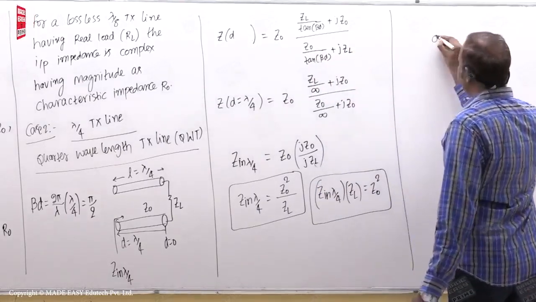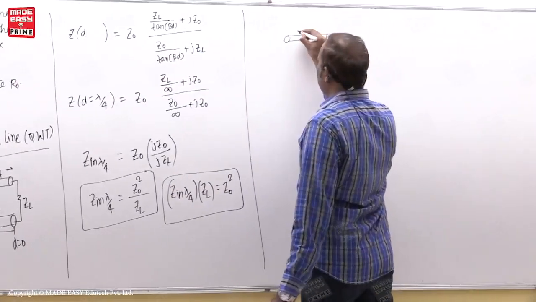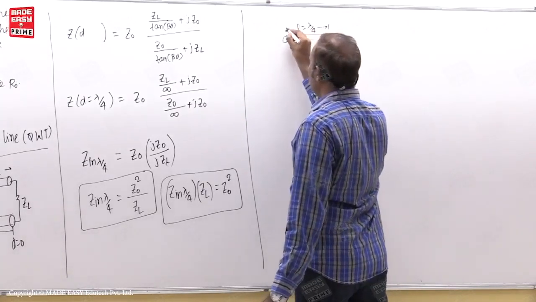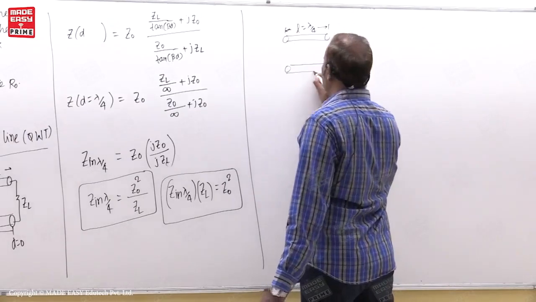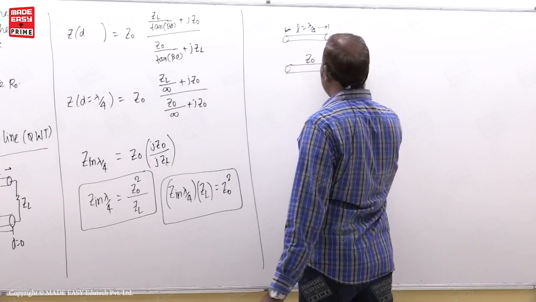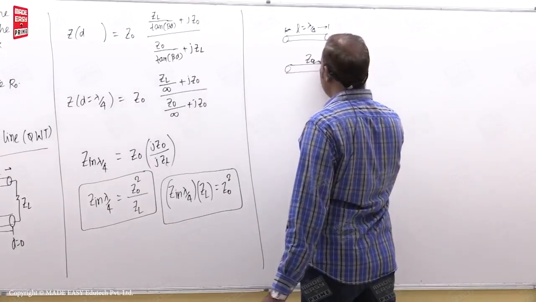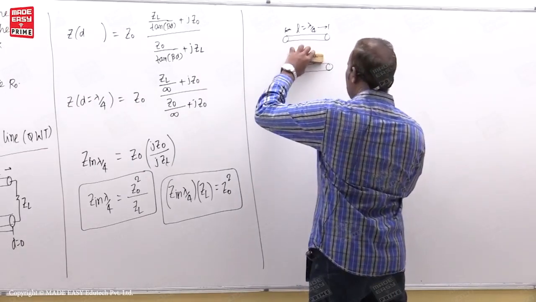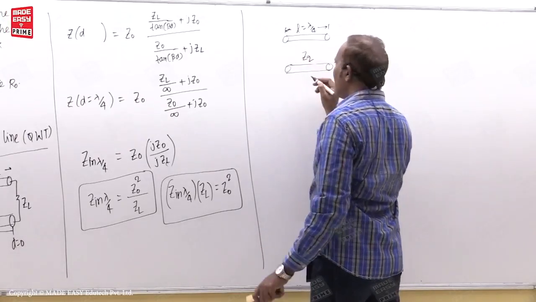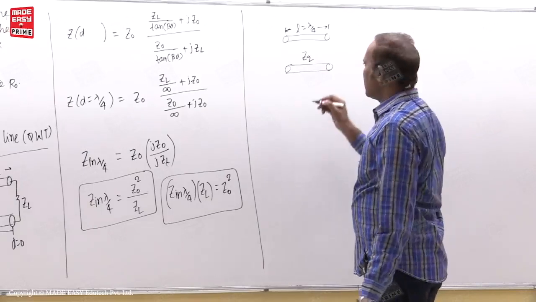You can see here, I am writing, there is one transmission line whose length is lambda by 4. Now let us say this is characteristic impedance Z0. Otherwise sometimes they take ZQ, where Q means quarter wave transformer characteristic impedance.